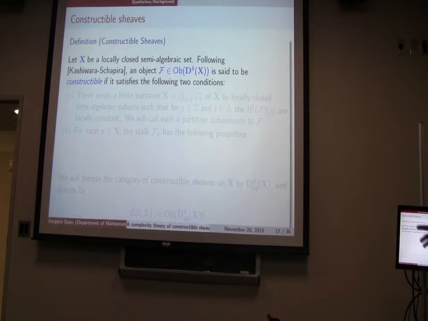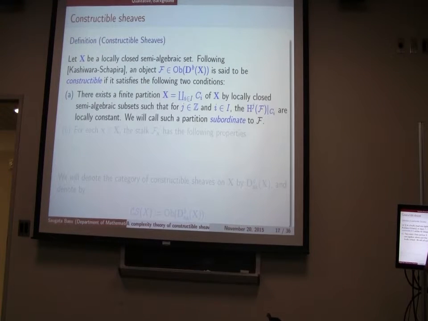So if X is a semi-algebraic set, and F an object in the bounded derived category of sheaves of A modules on X, then it is constructible if it satisfies two conditions.